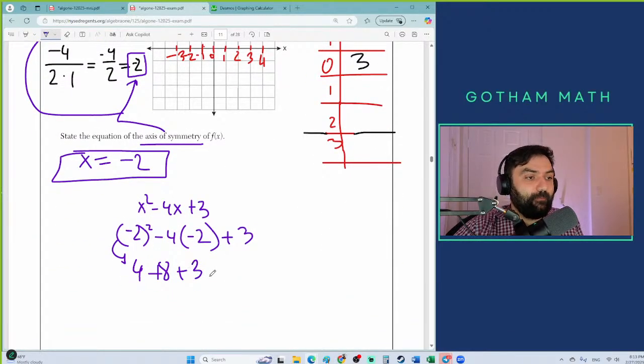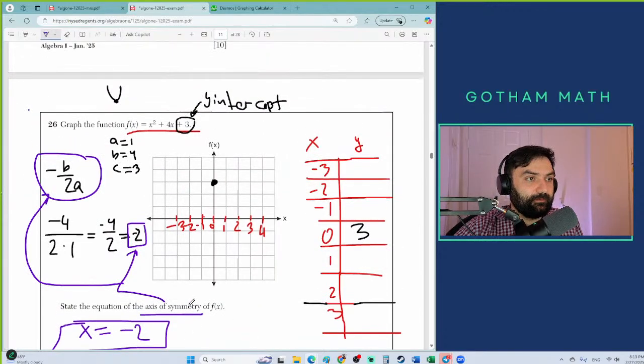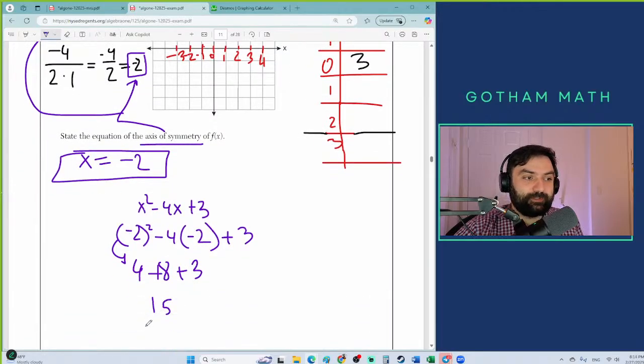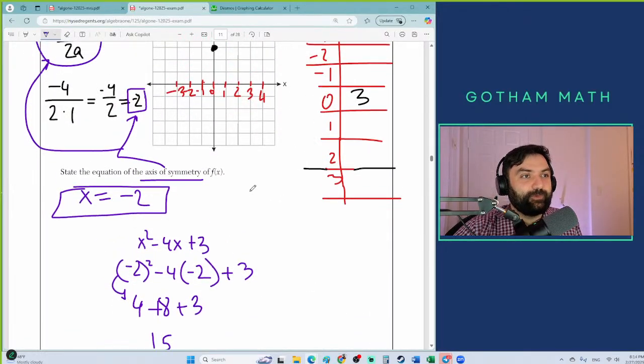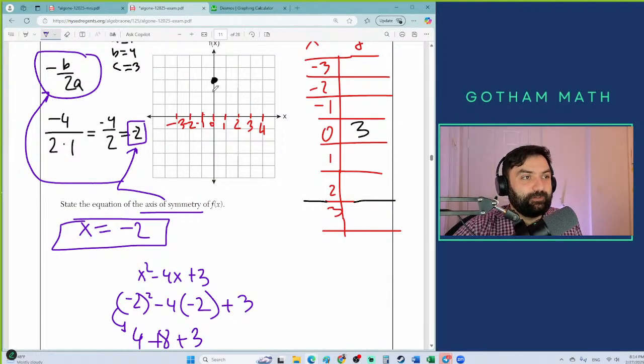Interesting. Guys, look at that. We're going to have 15 here. Okay, this is fun. So we're going to have to do not 1, 2, 3, 4, 5. We're probably gonna have to do 5, 10, 15, etc.